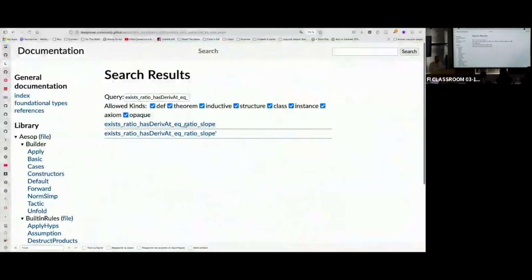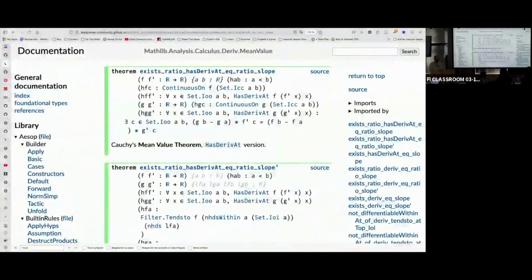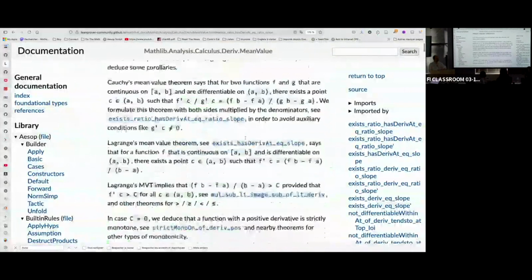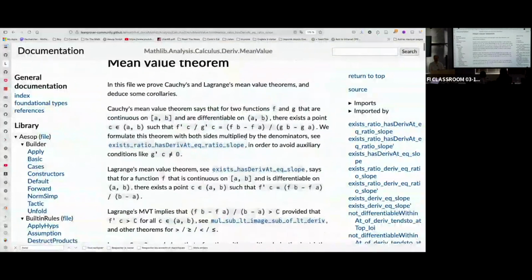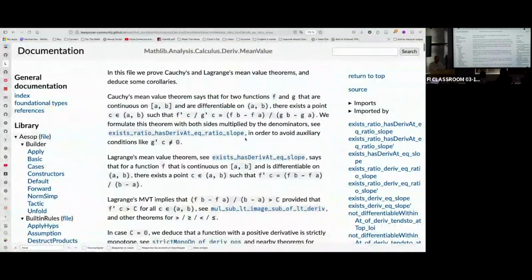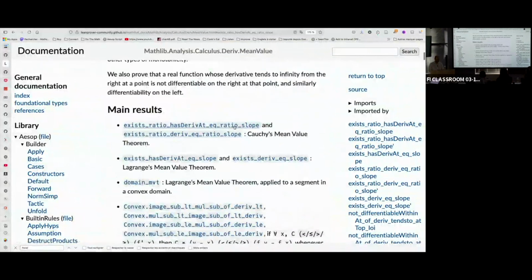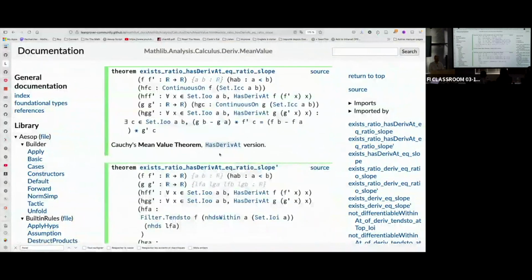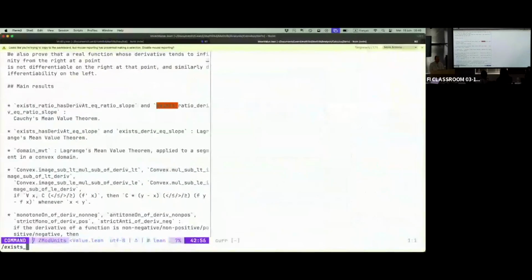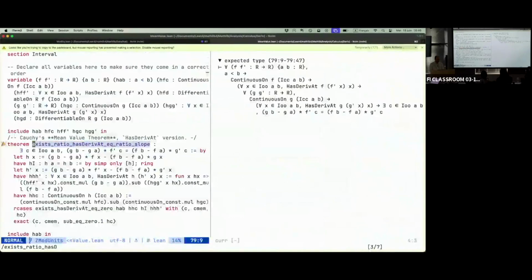So if you go there, here you have this command, and at the beginning you have the same beginning of the file, but nicely typeset. So we can go there, and here you have the statement. And let's go to the code. Here it is.